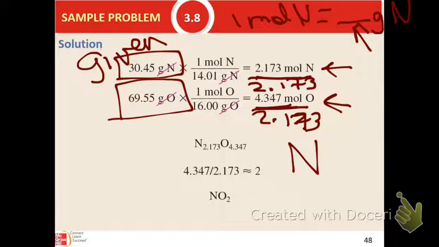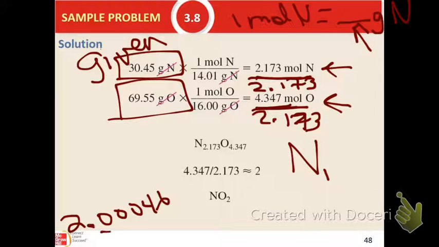So there's 1 mole of nitrogen for every, now 4.347, when I take 4.347, you hear me get my calculator, 4.347 divided by 2.173 is 2.00046.